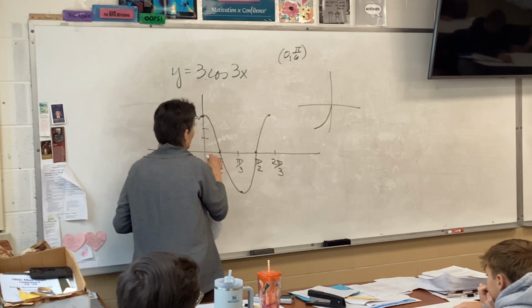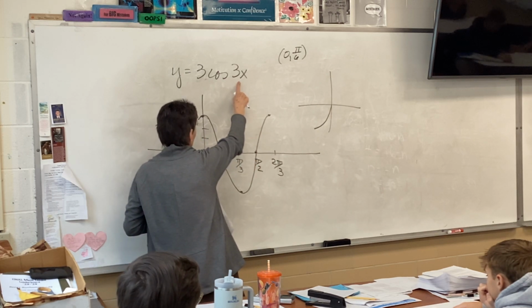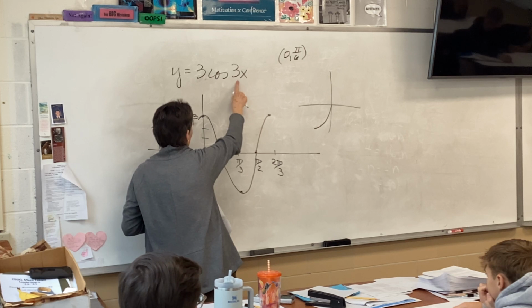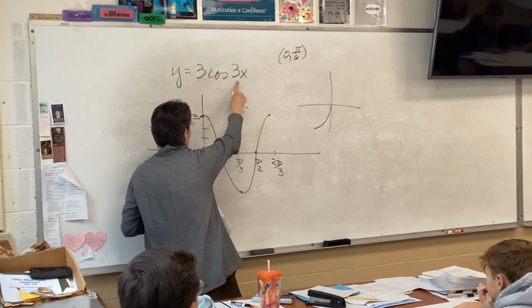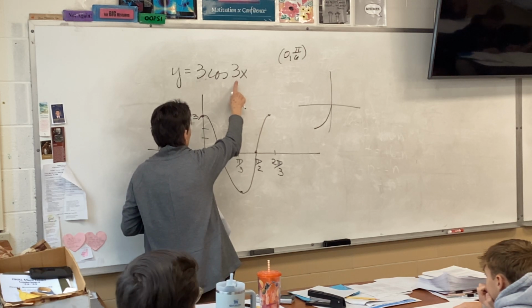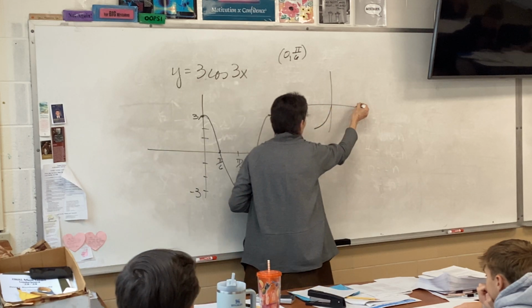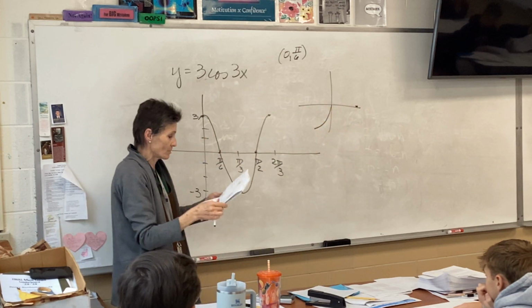Okay, so I'm just gonna put pi over 6 into here. If I put 0 into this equation, I get 3, so that point would be over here, so that doesn't work, I'm not using that one.